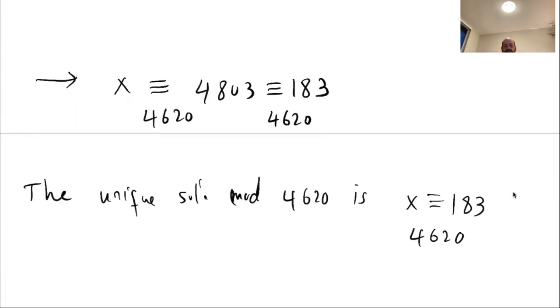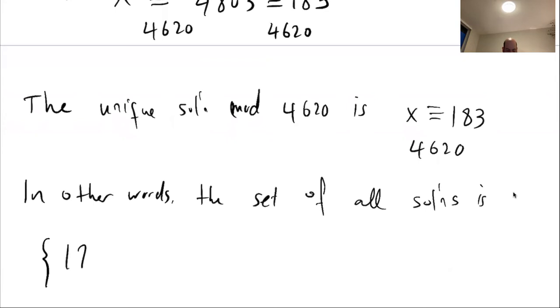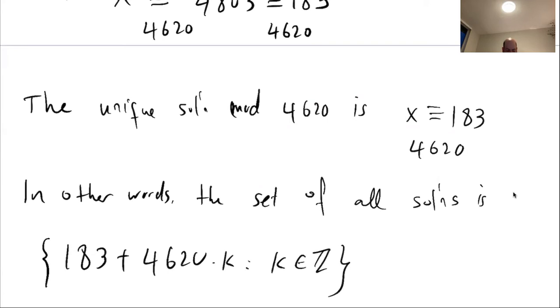Remember, we said that the solution is unique mod M. Or if you want to write your solution as an equality or using set notation, in other words, the set of all solutions is 183 plus 4,620 times K, where K comes from the set of integers.